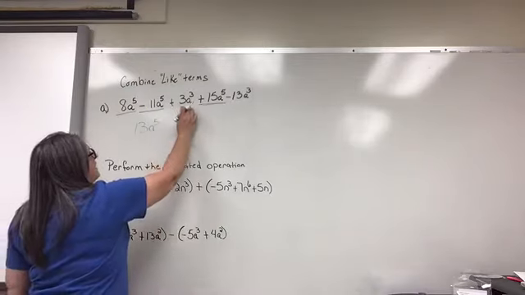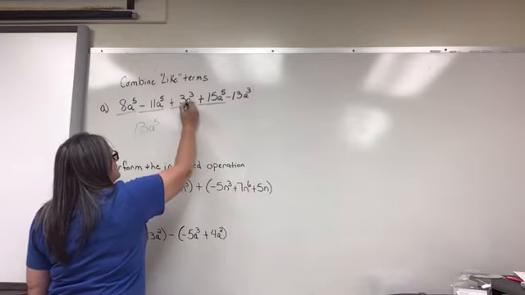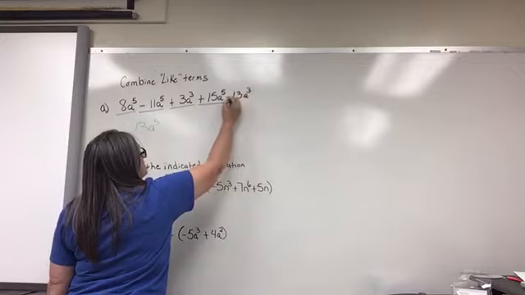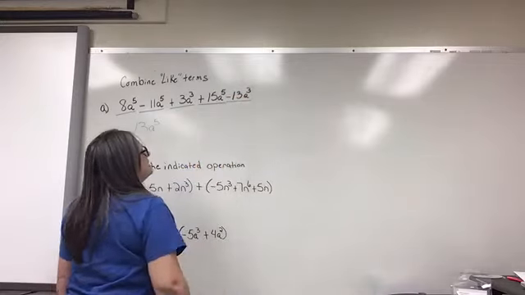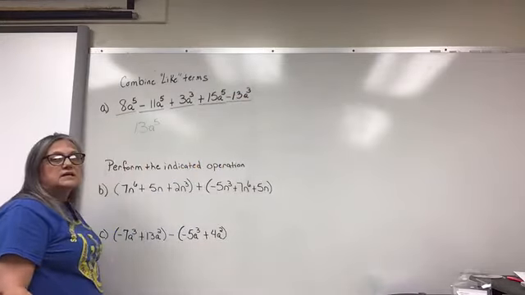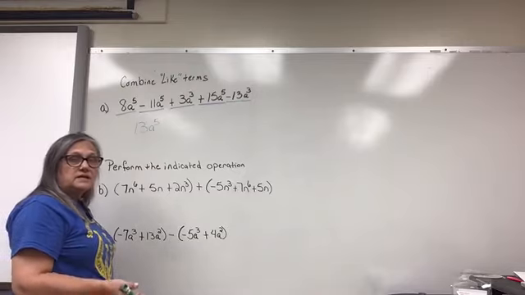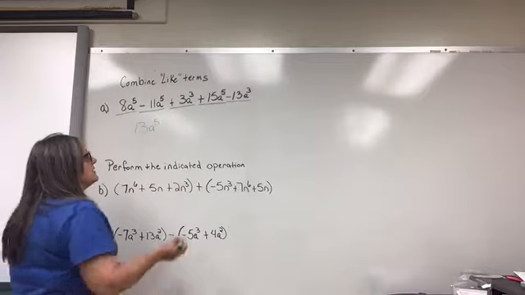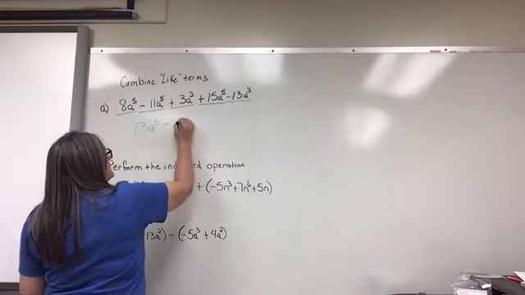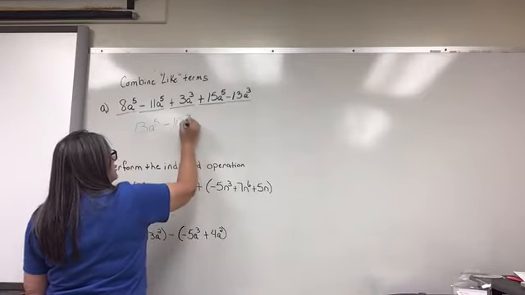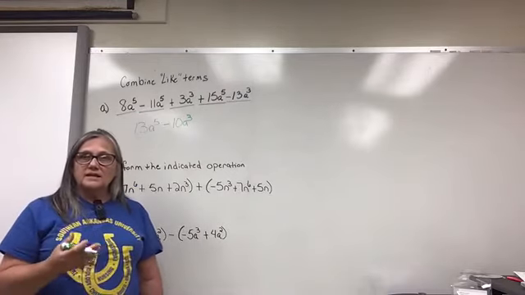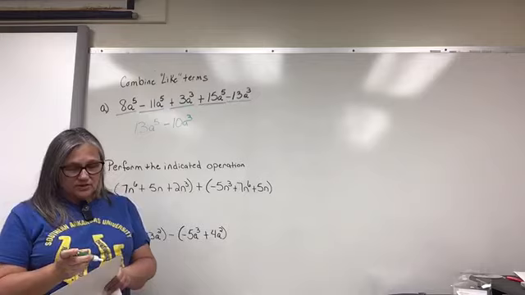So I have an a to the third, and then I go over here and I have this a to the third, but that's negative 13a to the third. So 3 times a to the third minus 13 times a to the third is going to give me negative 10a to the third. And that's going to be my answer, because I can't combine that a to the fifth and that a to the third.